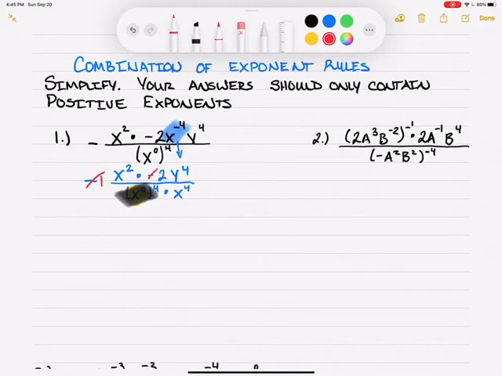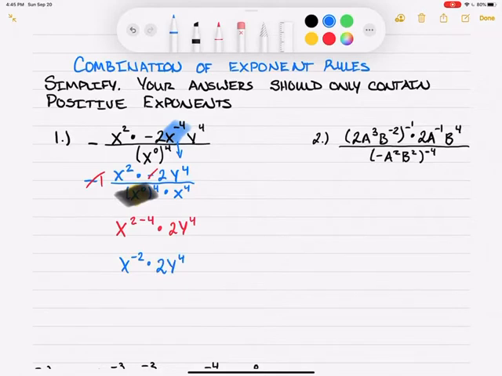I have x squared over x to the fourth. That means I need to subtract those exponents. So x to the 2 minus 4 power times 2y to the fourth. And then x to the 2 minus 4 power becomes x to the negative 2 times 2y to the fourth.